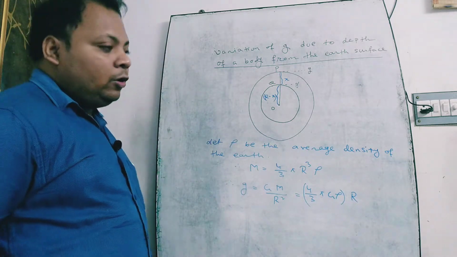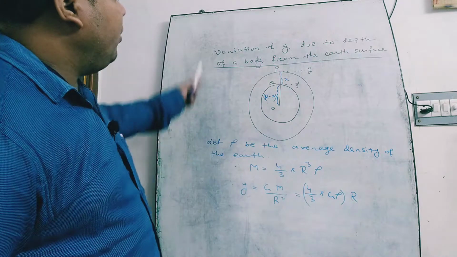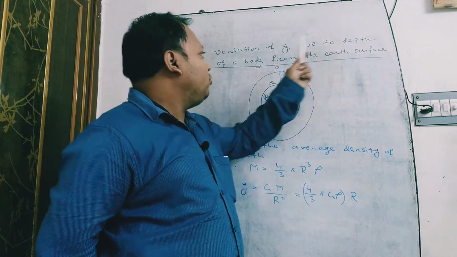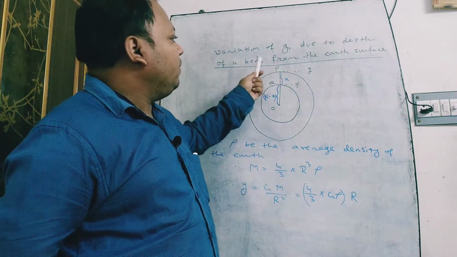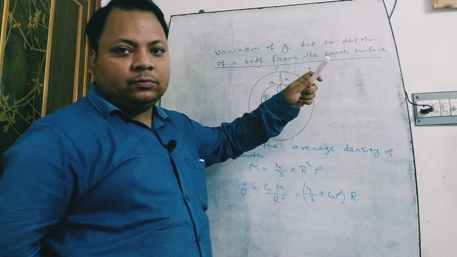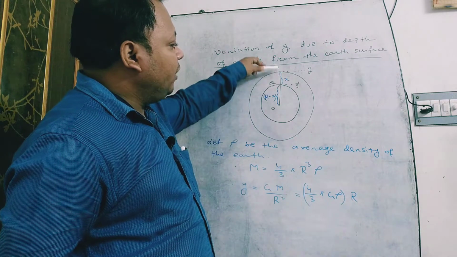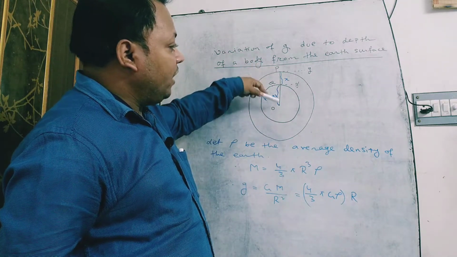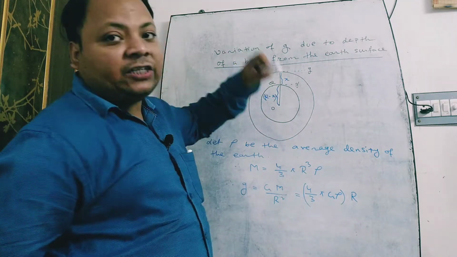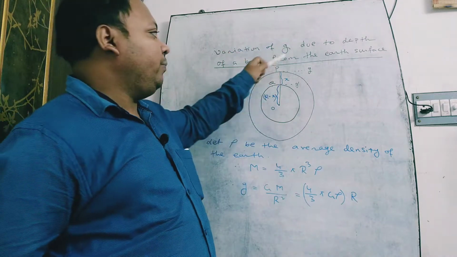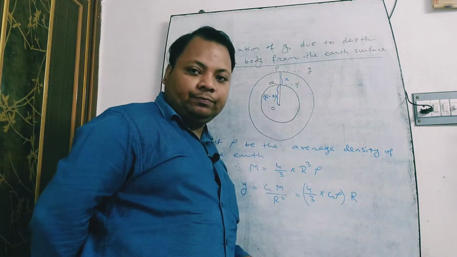Now, I am going to discuss the variation of small g due to the depth of a body from the Earth's surface. Here, OP is the radius of the Earth, that is capital R, and the acceleration due to gravity at the point P is small g.